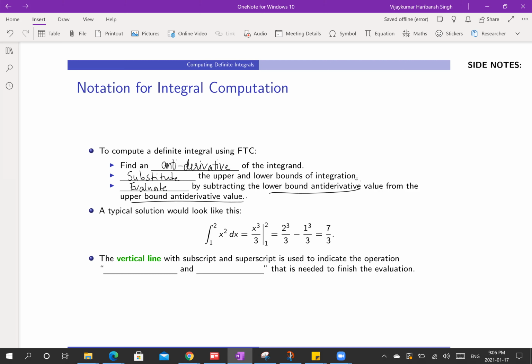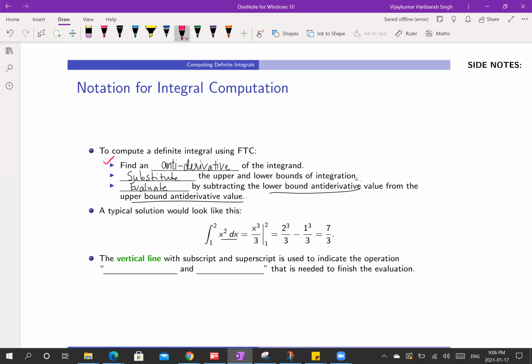For example, suppose we want to integrate from 1 to 2 of x squared dx. Step 1 is to find the antiderivative. Using the power rule, the antiderivative of x squared is x to the power 3 divided by 3.